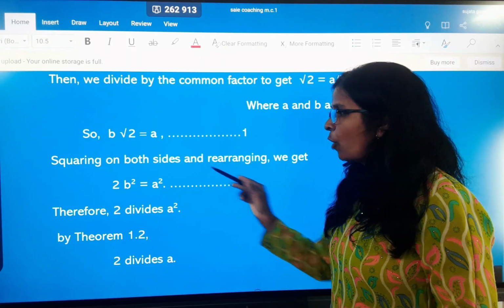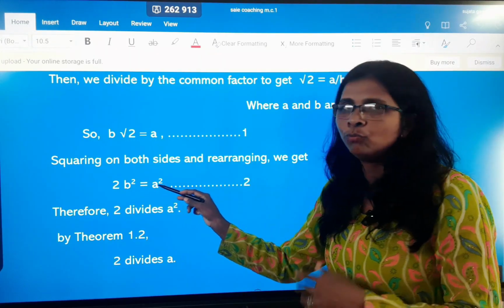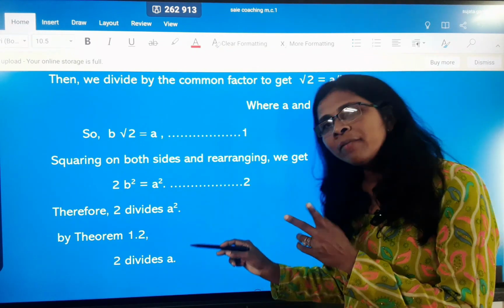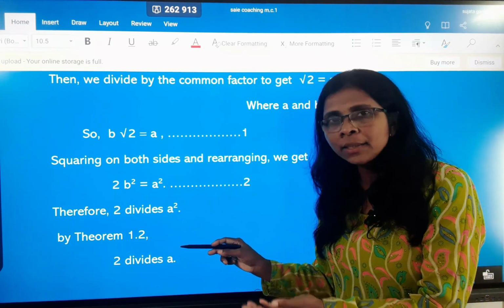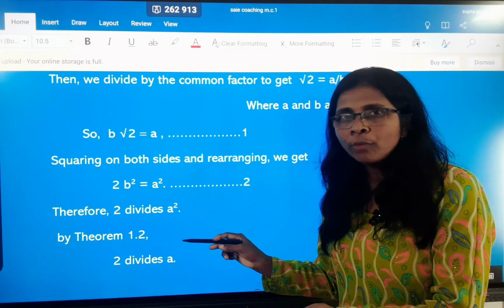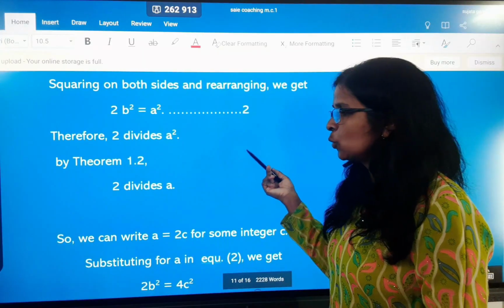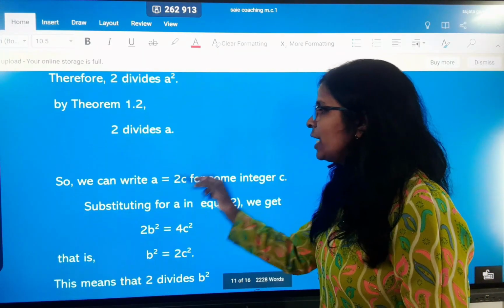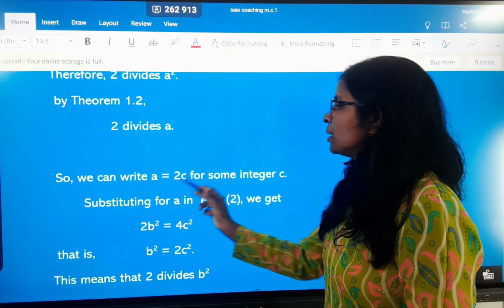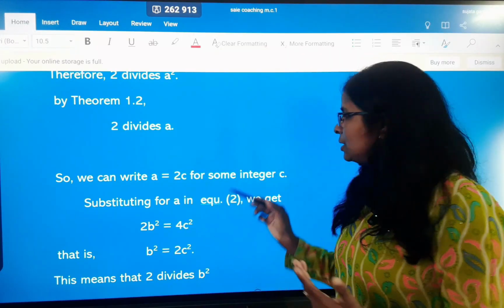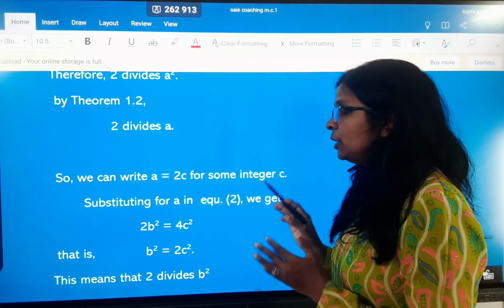So from the second equation, we can say that 2 divides A square. As 2 divides A square, from theorem 1.2, we can say that 2 divides A also. So we can write A is equal to 2C, where C is some integer.